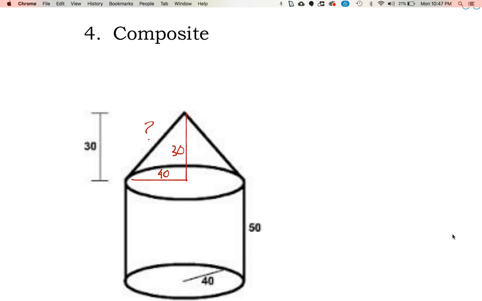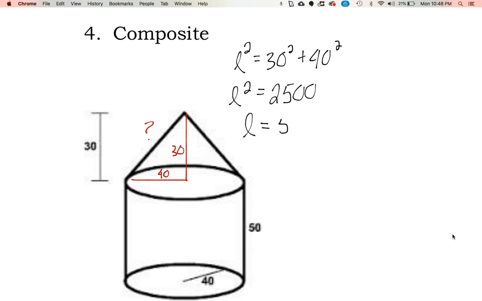So I could calculate that real quick. That's going to be L squared equals 30 squared plus 40 squared. That means L squared equals 2,500. So L equals 50.